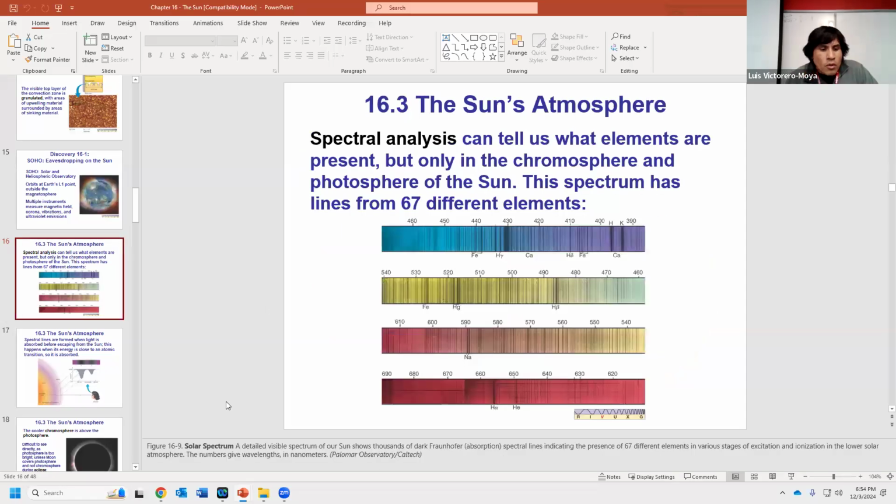How do we know the composition of the sun? Right? How do we know the sun is mostly made of hydrogen and helium? Because we can use a spectrometer attached to a solar telescope to analyze the light incoming from the sun. And this is what we find. We find a lot of elements in the atmosphere of the sun. The most relevant are the hydrogen alpha and helium lines. Those are the ones that we see the most.